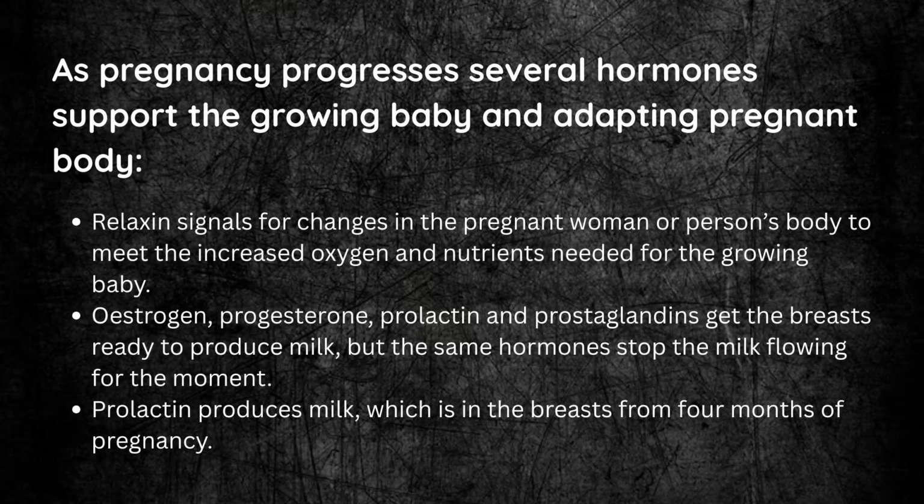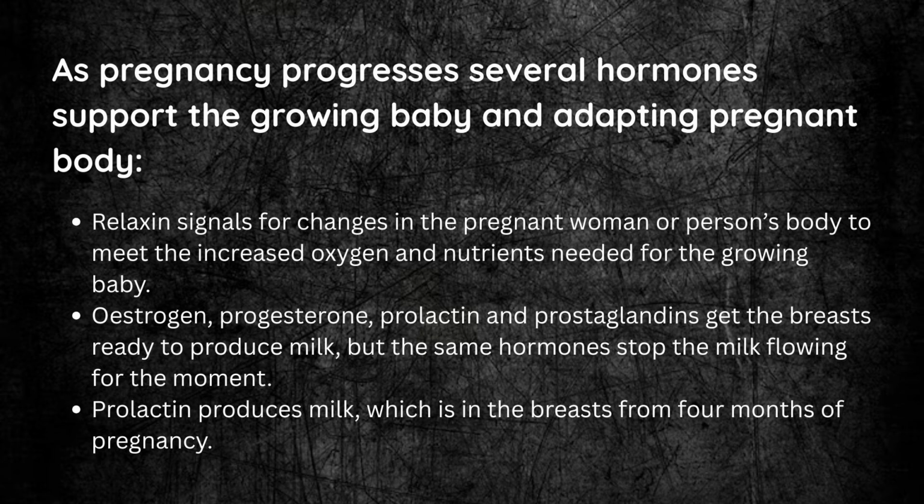As pregnancy progresses, several hormones support the growing baby and adapting pregnant body. So relaxin signals for changes in the pregnant woman or person's body to meet the increased oxygen and nutrients needed for the growing baby. Progesterone and relaxin strengthen the uterus and prevent it contracting too early.